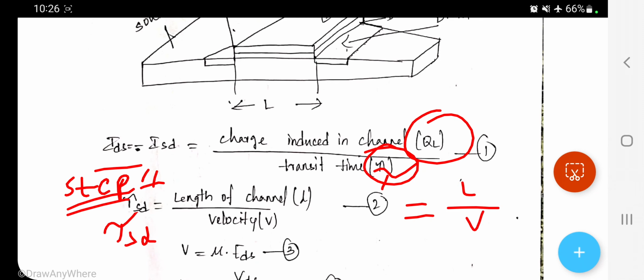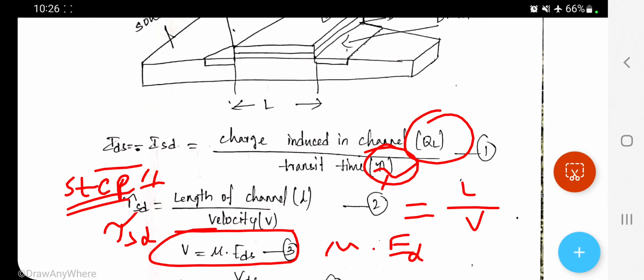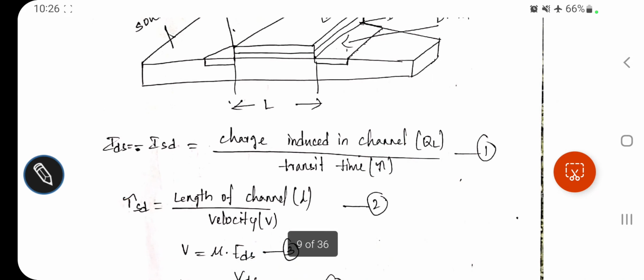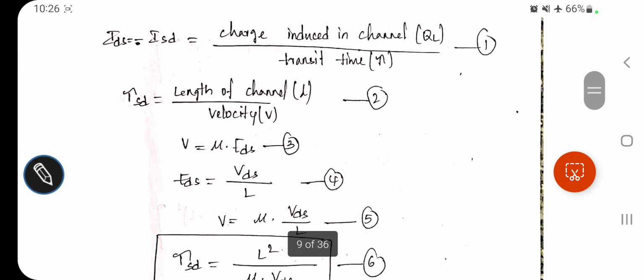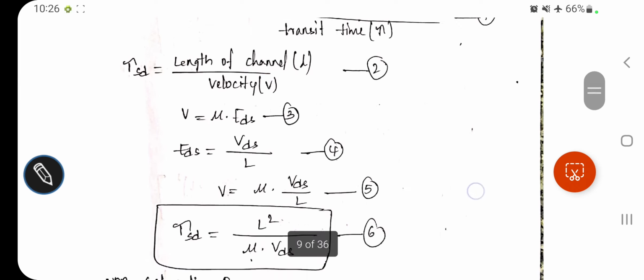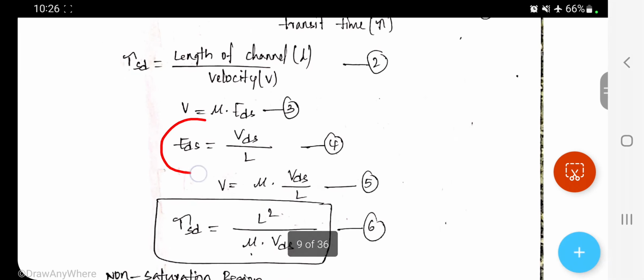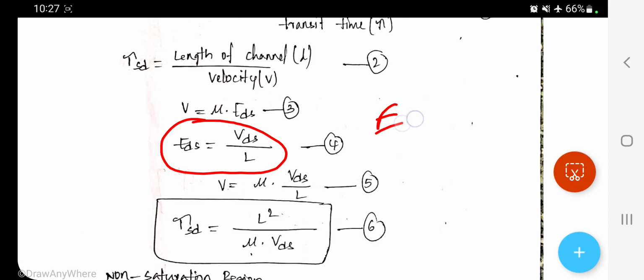Now the velocity V is equal to mu into EDS. EDS is because of the applied drain to source voltage, and EDS is nothing but VDS by L. EDS is the field due to the applied drain to source voltage along the channel, which is voltage by length.